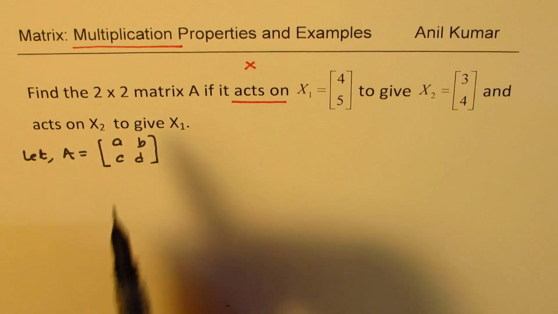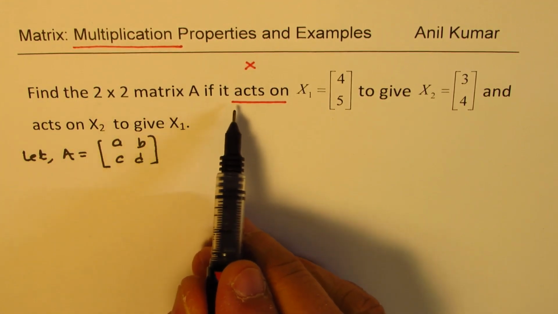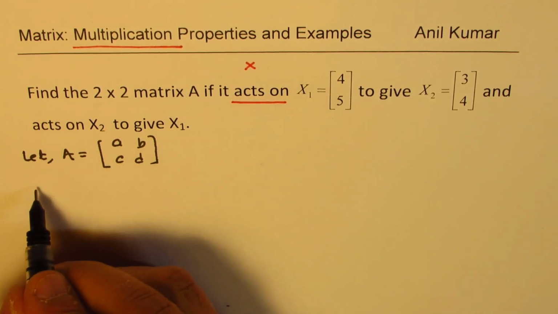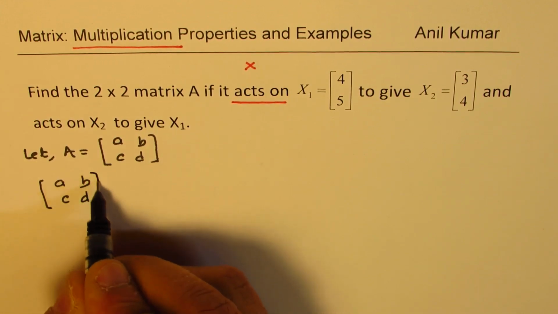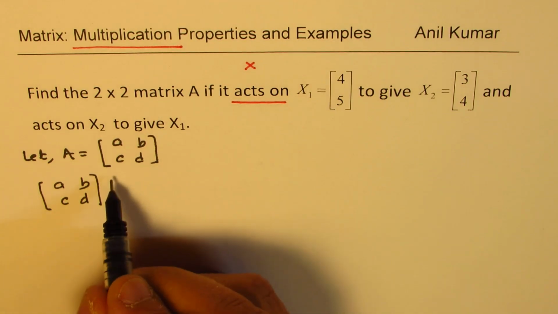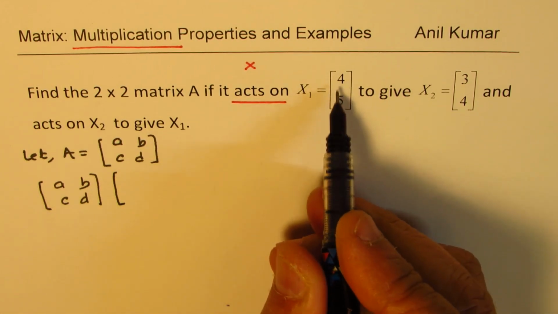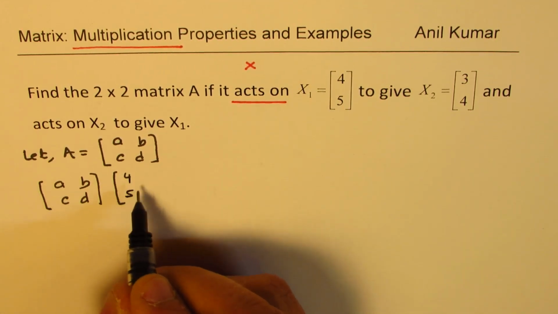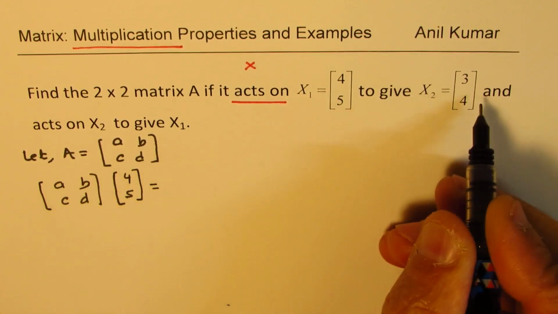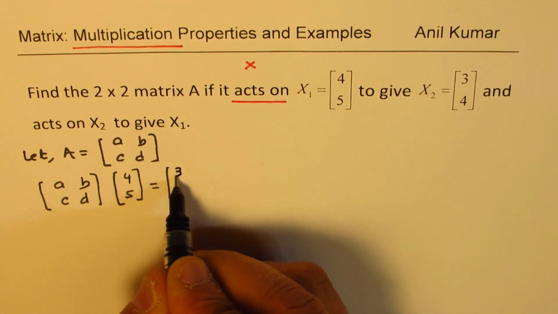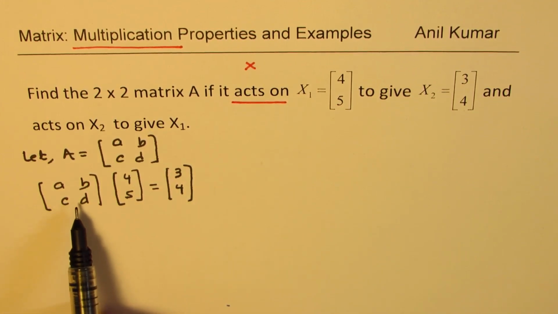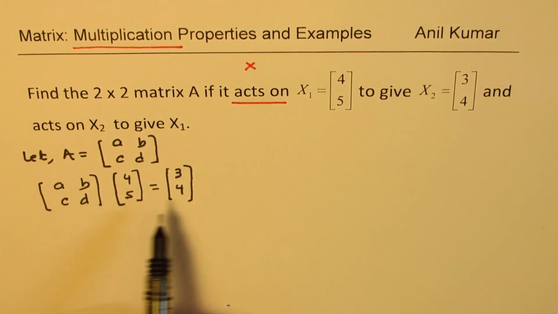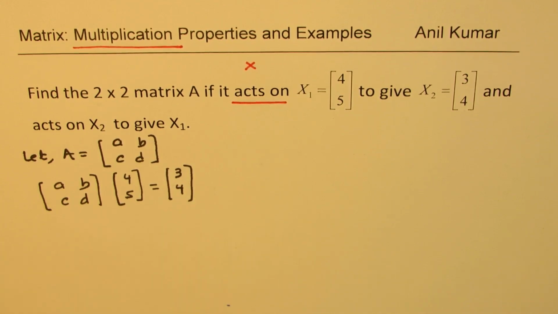When it says the 2 by 2 matrix A acts on this, that means this matrix times 4 5 gives 3 4. A 2 by 2 times a 2 by 1 gives a 2 by 1, so it is valid.